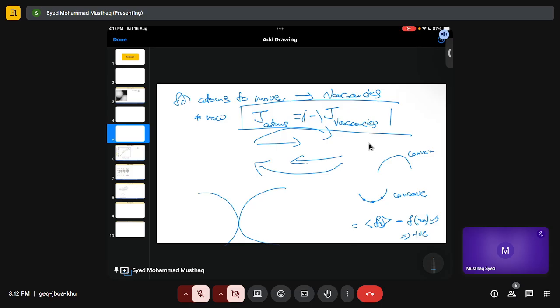And what about the convex? For the convex, the average values are at lower levels when compared to the value we are going to take, so this will become negative. That's why the convex has a negative curvature.